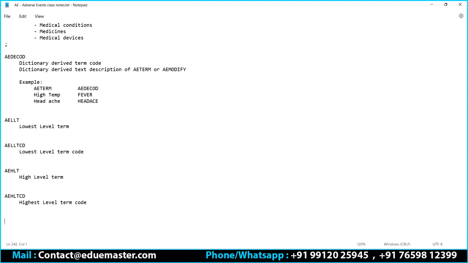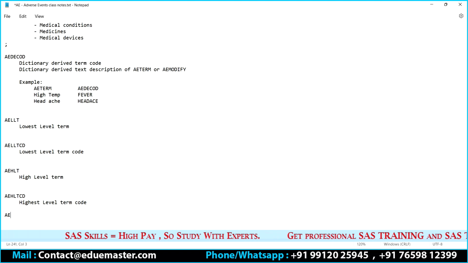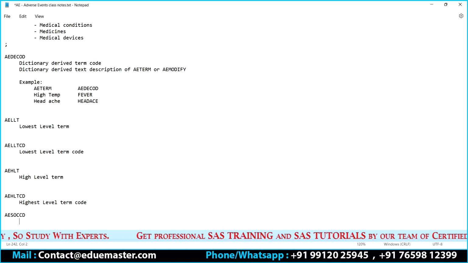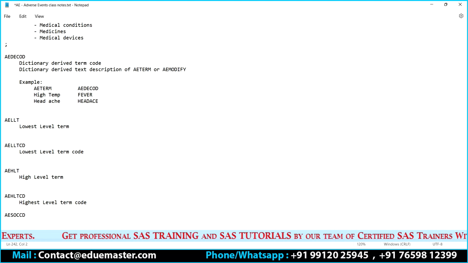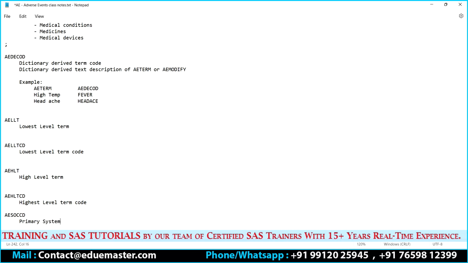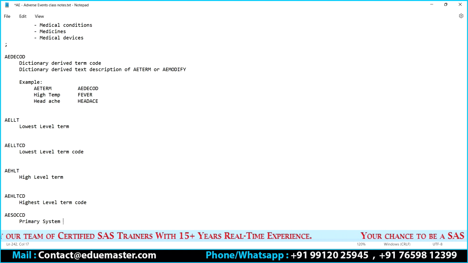Right. So the next one I would like to talk about is the organ related one, because we all talk about it, it is going to be related to the organ, right? The body, right? Some part of your body. So that one we are going to call adverse event SOCCD, meaning it majorly deals with the primary system organ class code.